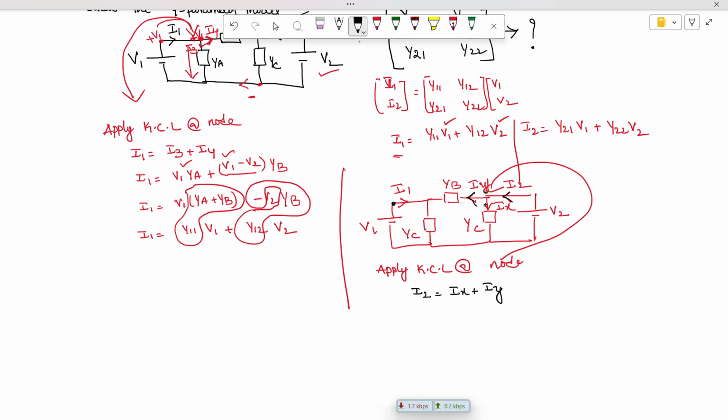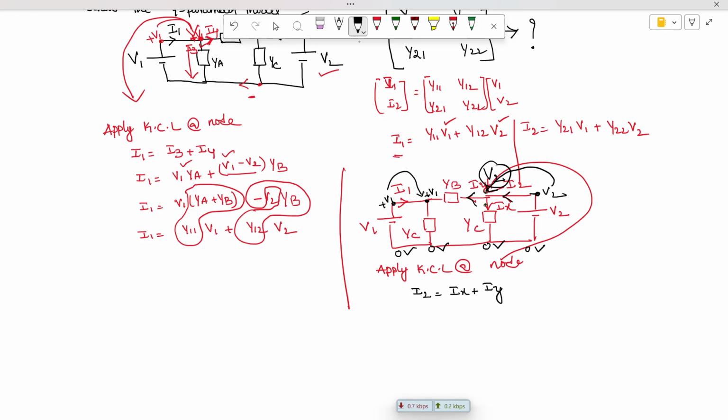This is short circuited and this is short circuited. The voltage at this point is V1, and it will also be the same here. The voltage at this point is V2, and automatically this will also shift here. All are of zero polarity.